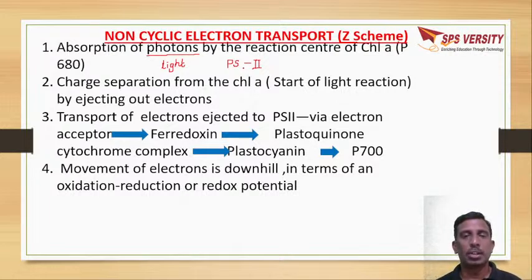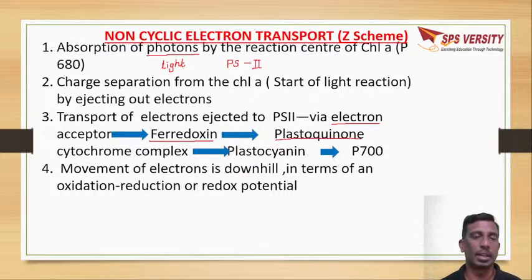So these electrons will move through different electron carriers, like ferredoxin is one electron carrier, बाद में plastoquinone दूसरा electron carrier, cytochrome complex एक दूसरा electron carrier, plastocyanin.